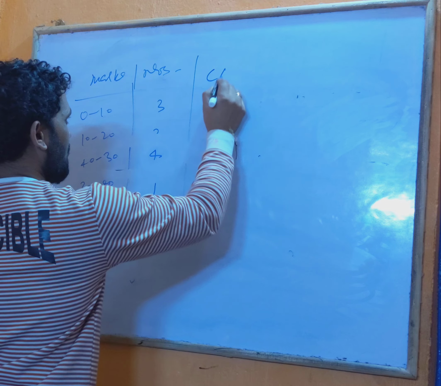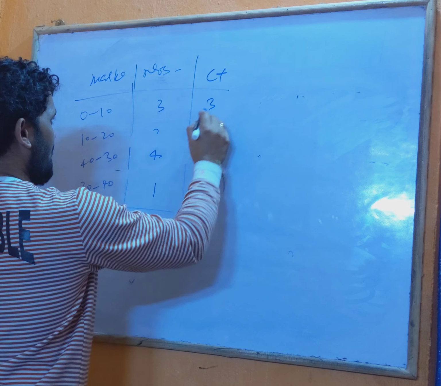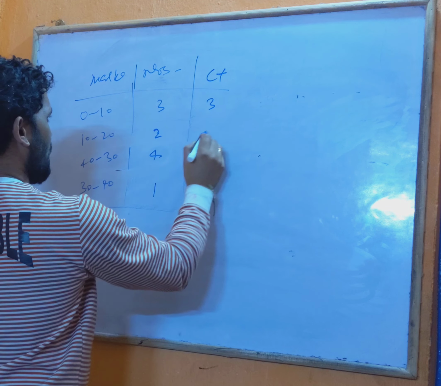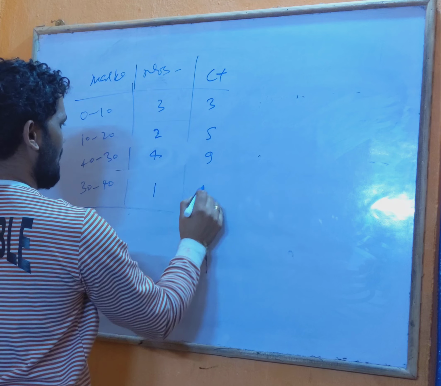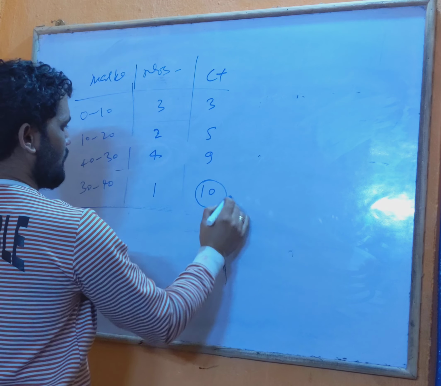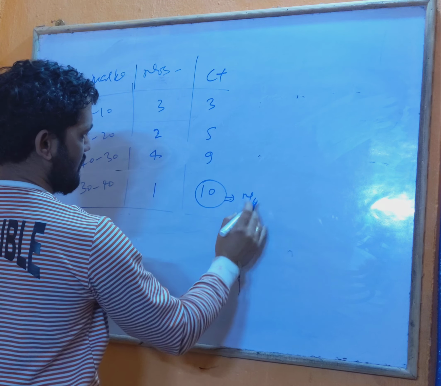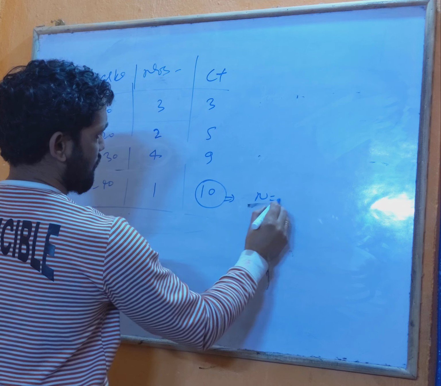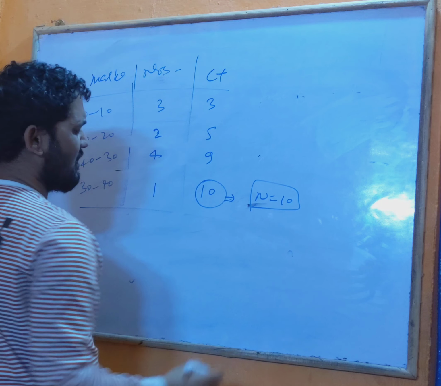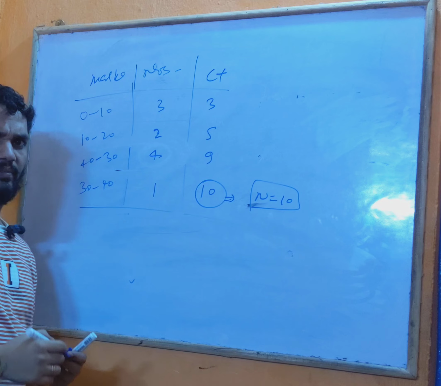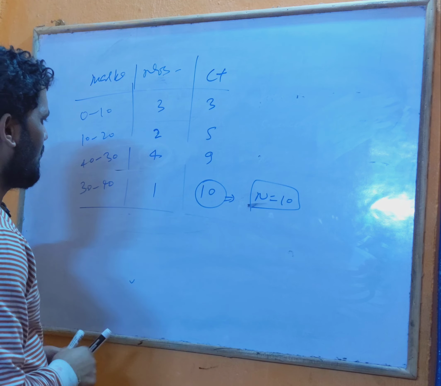So CF is 3, 5, 9 and 10. So n is equal to 10. Here it doesn't matter whether n is odd or even.